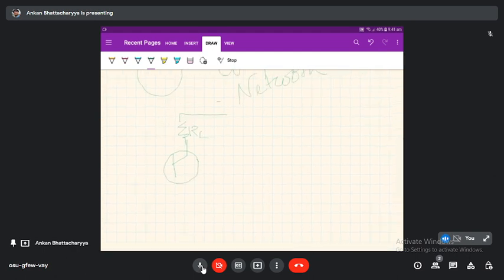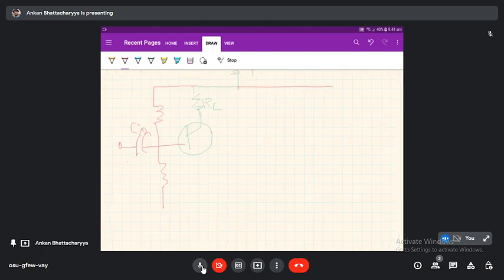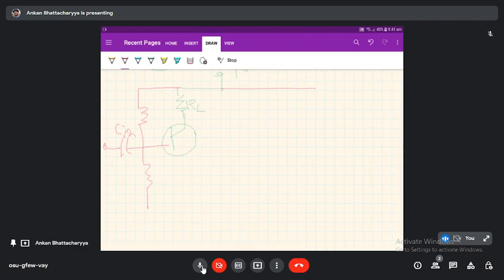This is the VCC power supply. This is the input capacitance. This is the coupling capacitance, because it always makes a barrier to the DC part.